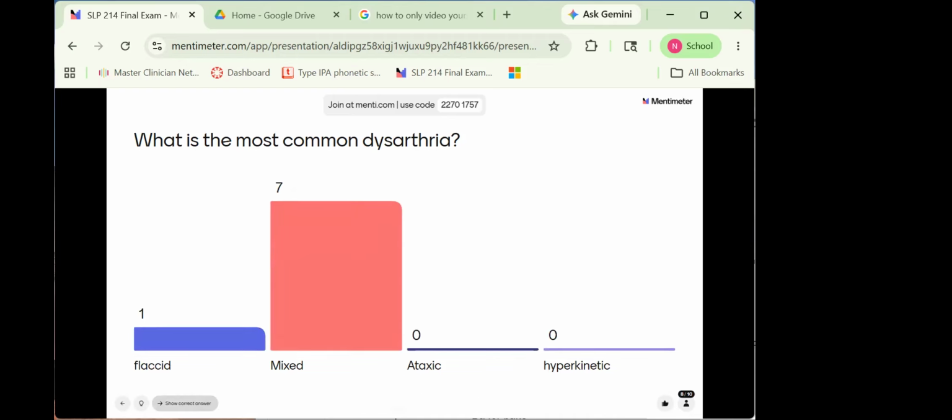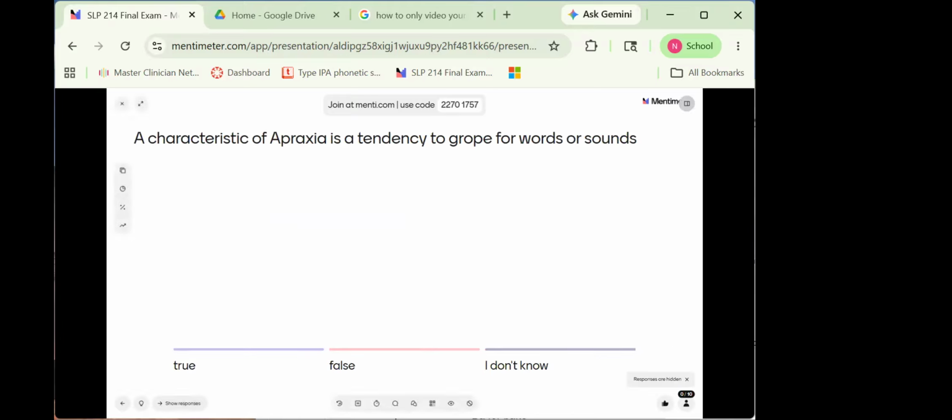Okay, let's look. Mixed is the most common type of dysarthria. And a characteristic of apraxia is a tendency to grope for words or sounds. True or false?